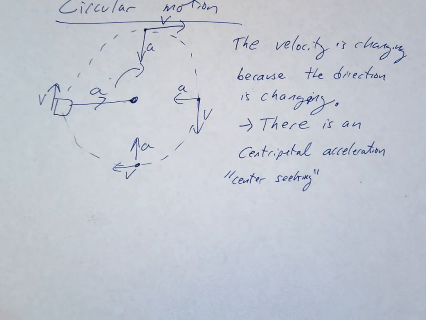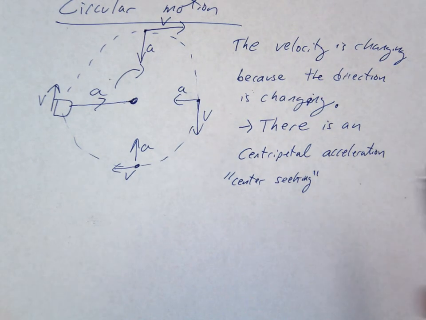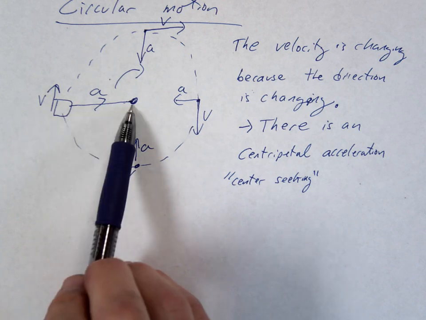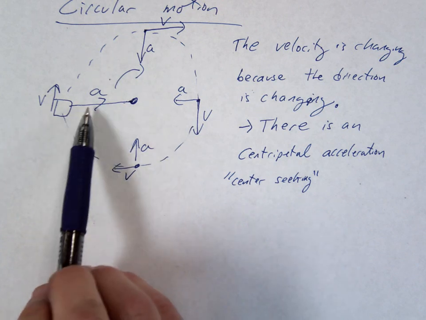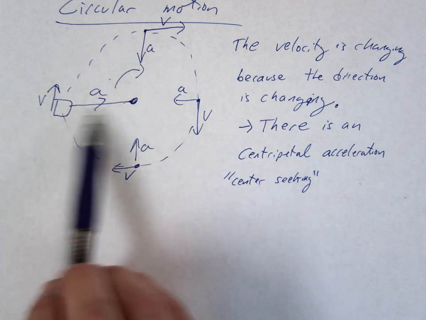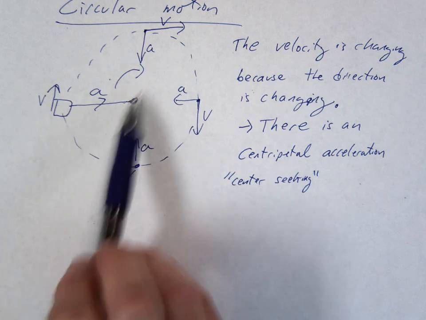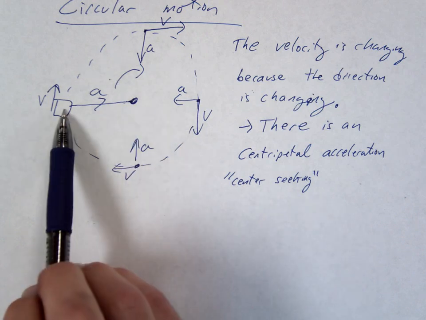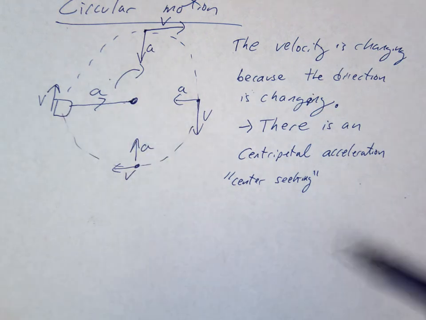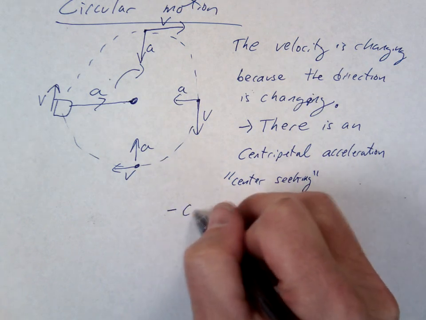Now you could have figured this out a different way if you just think about what's keeping this in the circle. What's the force that's causing this to go in a circle? The tension in the string, right? If I remove the string, is this stopper moving in a circle? No, it's not going to move in a circle. And so this is what we call a centripetal force.